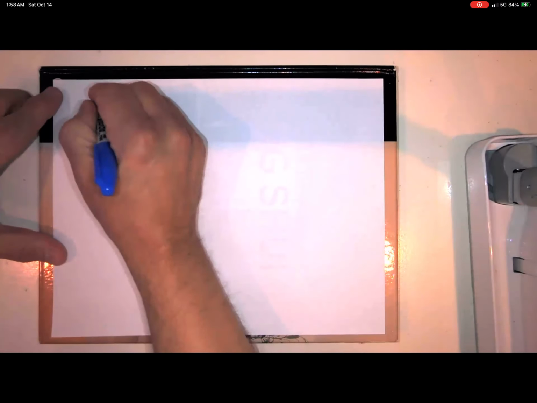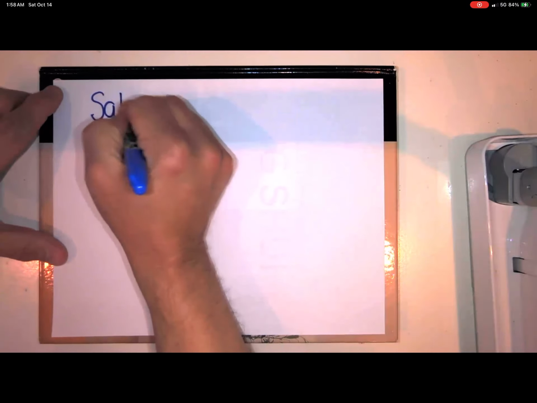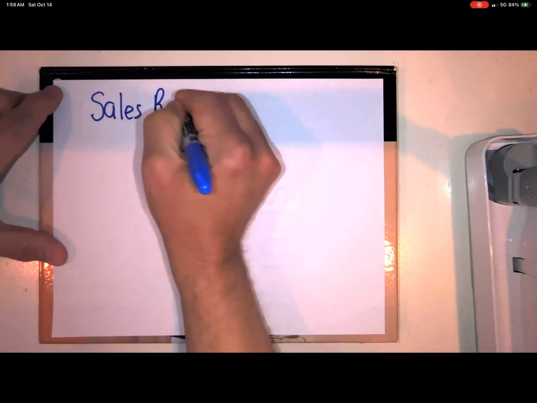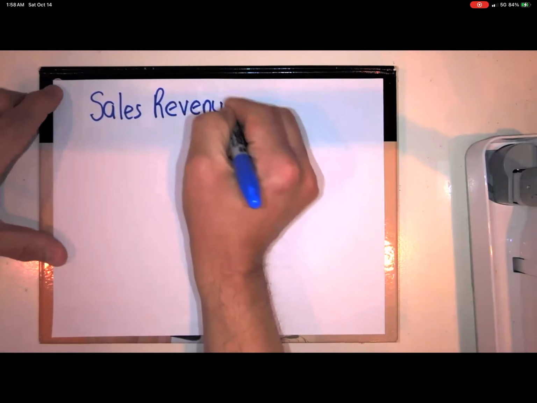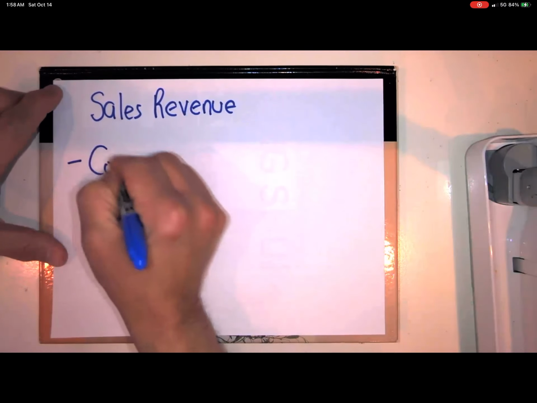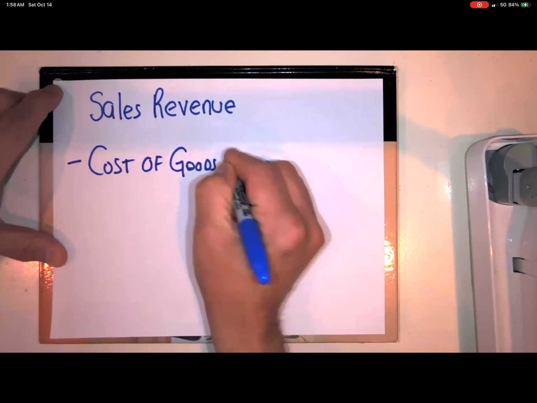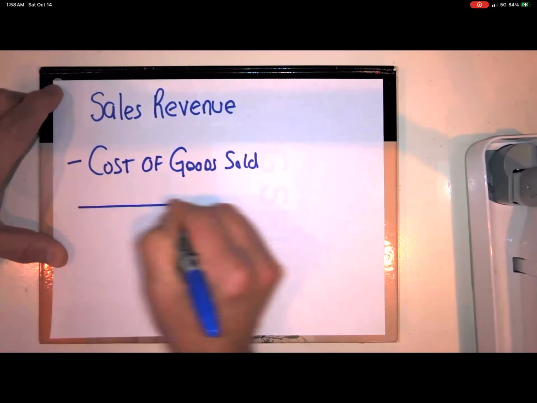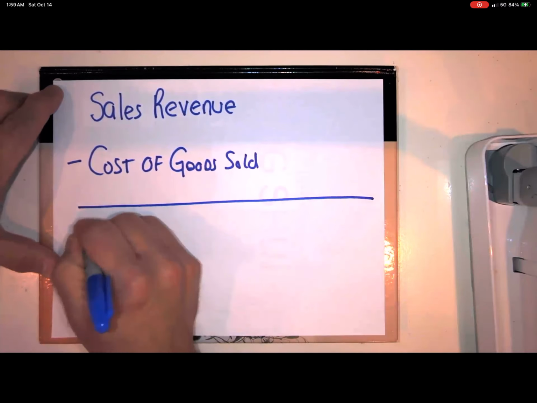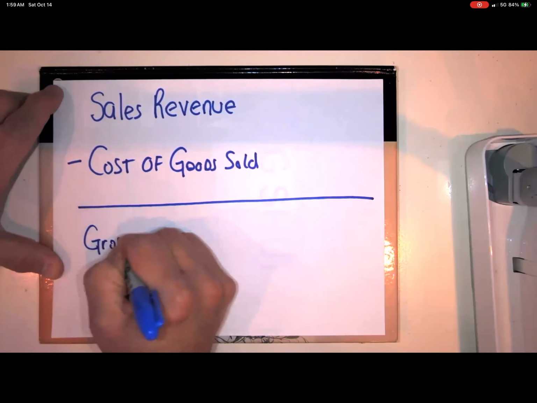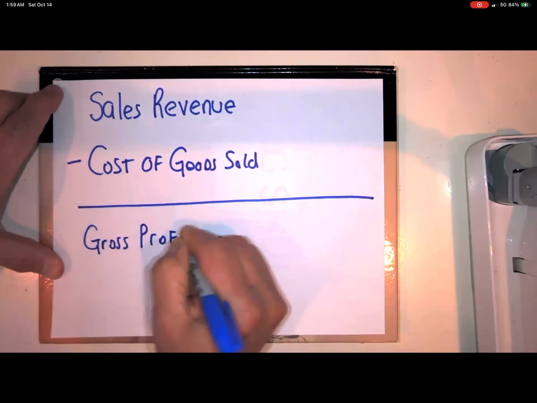And we know that to calculate gross profit, take your sales revenue and subtract the cost of goods sold. So sales minus cost of goods sold, that is our gross profit.